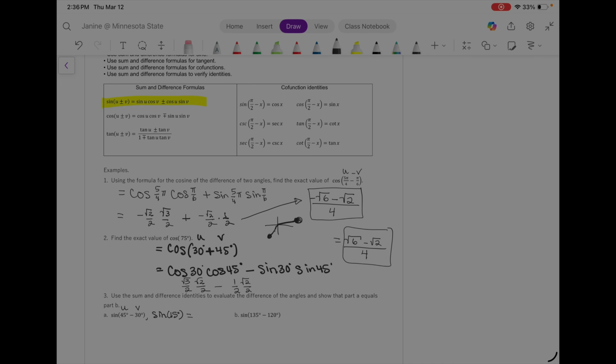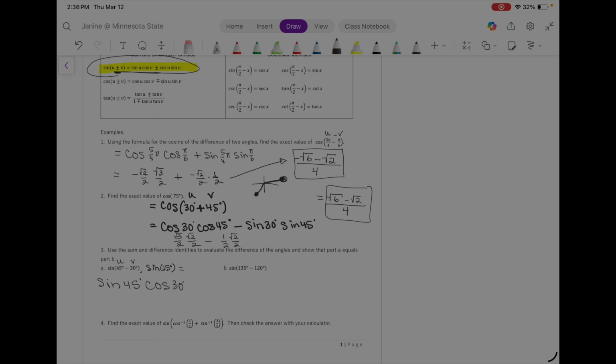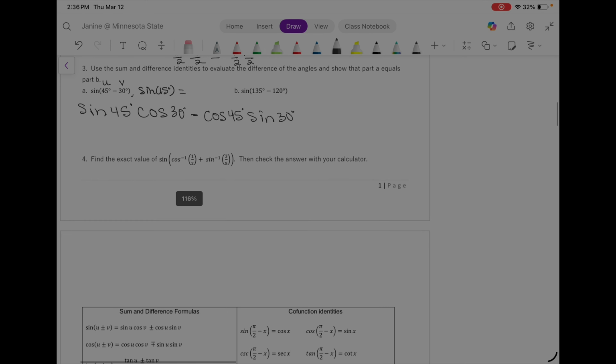It'll be sine 45 degrees, cosine 30 degrees, operation on the bottom so minus, cosine first angle, sine second angle.